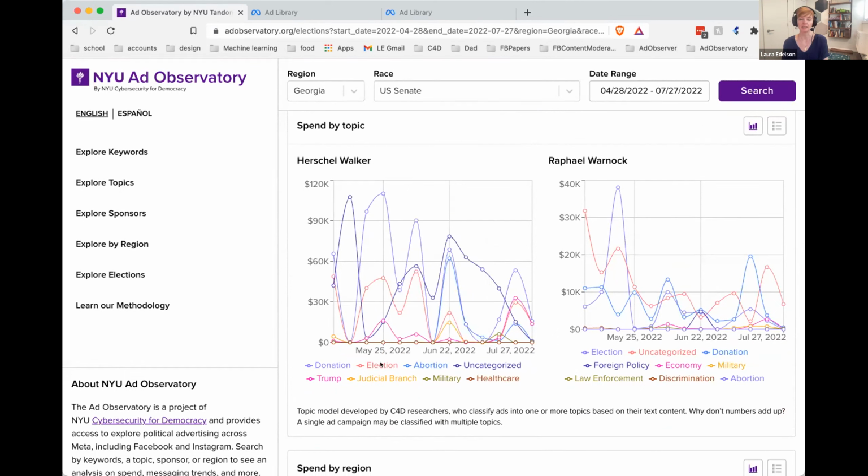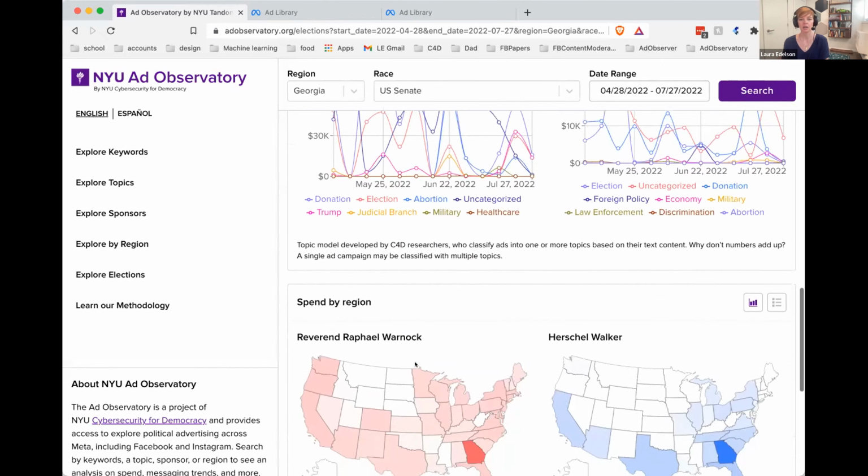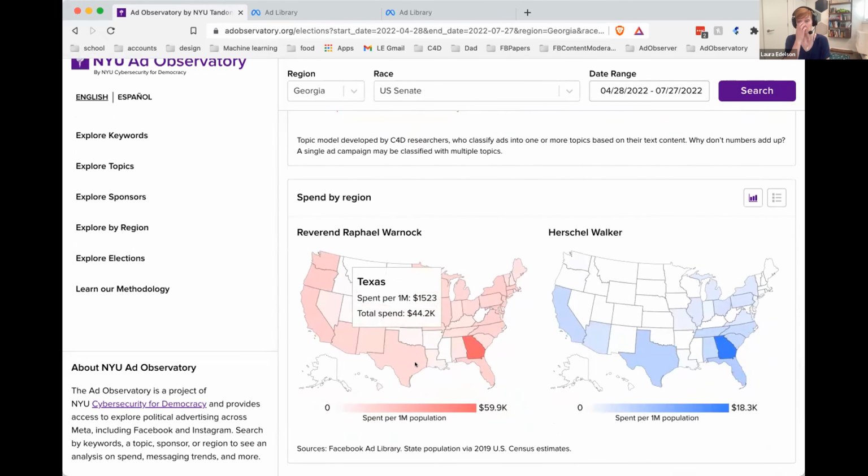Herschel Walker has ads about the election, abortion, but they've got a different mix. Although it is, I think, interesting to note that Raphael Warnock and Herschel Walker both have really nationalized campaigns.